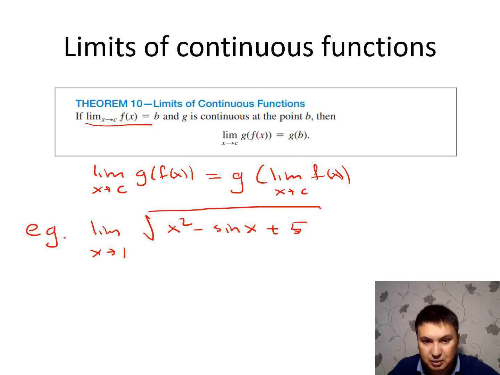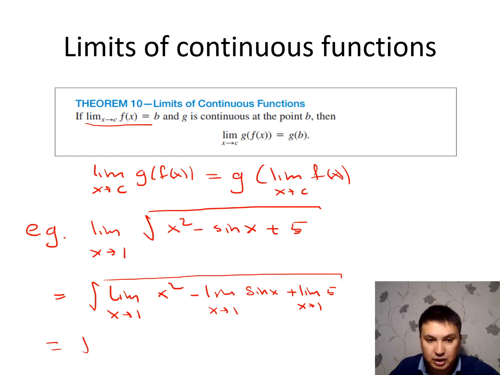So I hope this is positive when x goes to 1. So then by this theorem, I can write the limit inside of the square root, right? So I can write the limit as x goes to 1 of x squared, and I can also split the limit, minus the limit as x goes to 1 of sine of x plus the limit as x goes to 1 of 5.